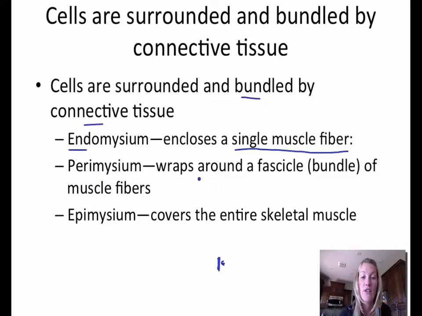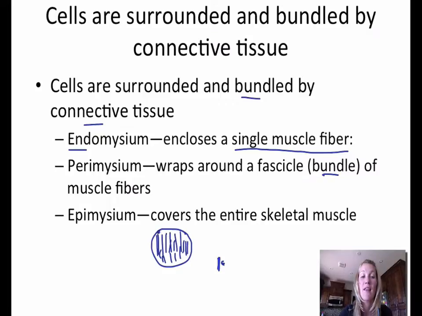Perimysium is going to wrap around a fascicle, and I have a picture of this that will be much better than my drawing. So perimysium wraps around a fascicle. A fascicle is just a bundle of muscle fibers. If you have a bunch of muscle fibers that are all enclosed by endomysium, then collectively you end up with this big circle of all of these.